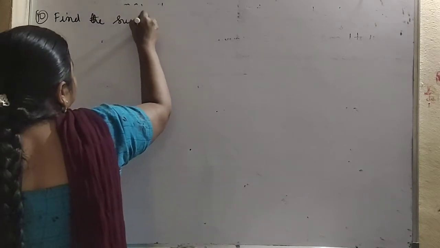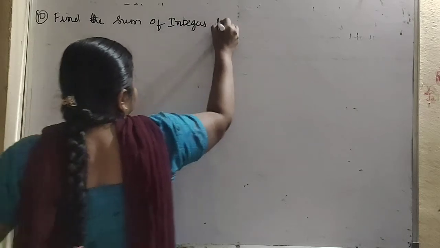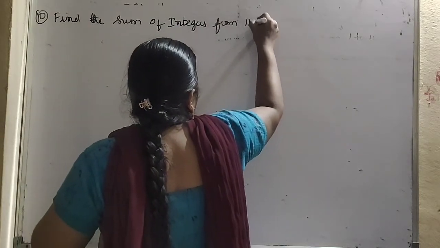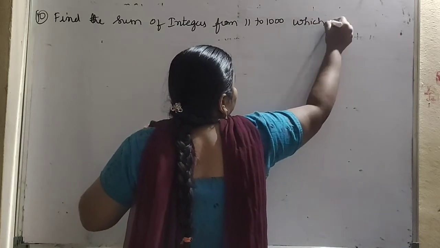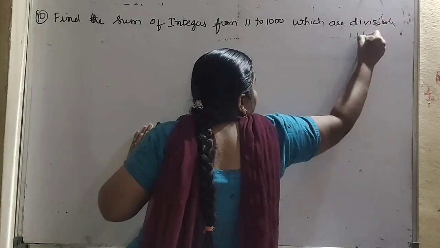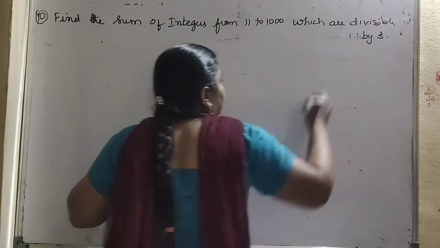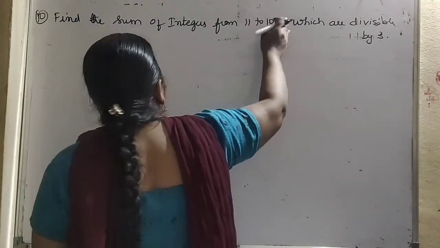Find the sum of integers from 11 to 1000 which are divisible by 3. So we have to take the multiples of 3 from 11 to 1000.